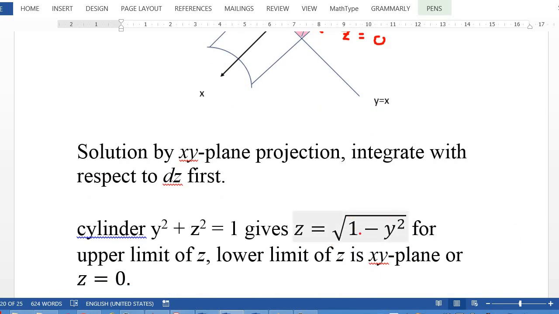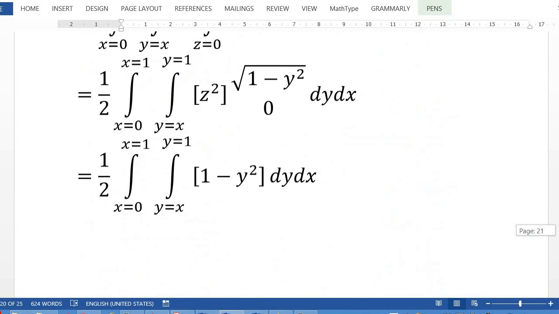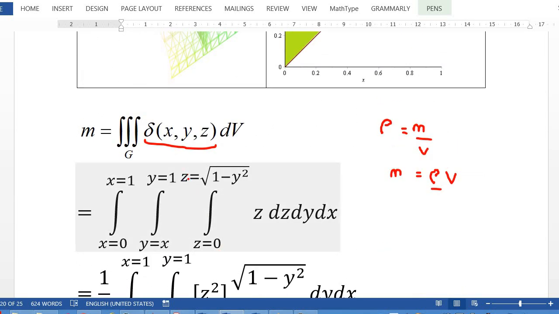It gives you z equal to the square root of 1 minus y squared. This is the upper limit. The lower surface is on the xy plane, or z equal to 0. Solving from the cylinder equation, you get z equal to the square root of 1 minus y squared because the cylinder is in the first octant only.